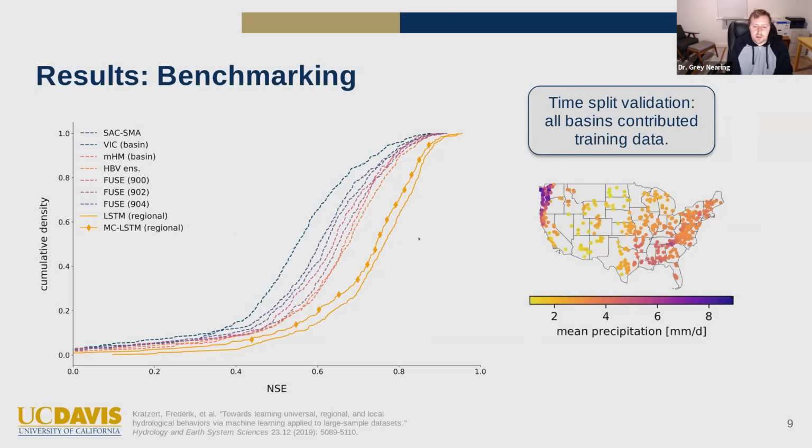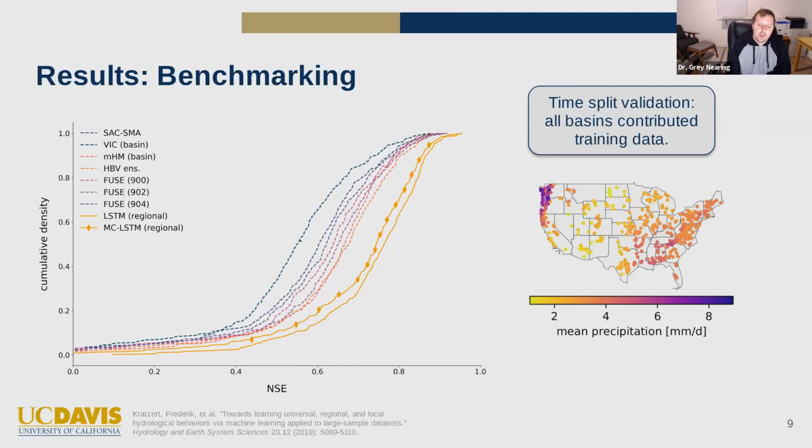The LSTM did, benchmarking wise, a step change in performance compared to the traditional hydrology models. And this is a pretty good representation of existing models. These models were calibrated by research groups that have at least 15 years of experience with most of these models, and they contributed their data on this data set to this project.